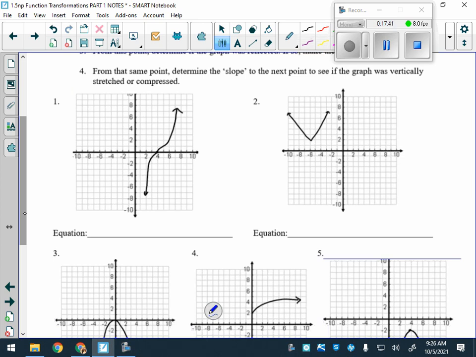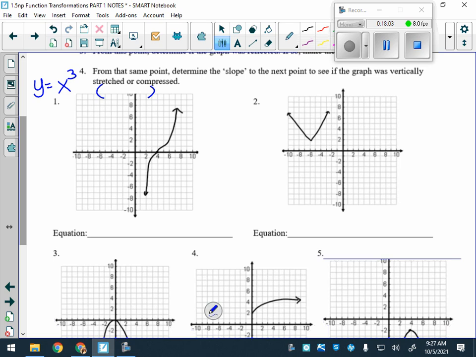Emily. Good, x cubed is our parent function. Now, does this cubic graph use vertex, starting point, or point of inflection? Not the starting point.